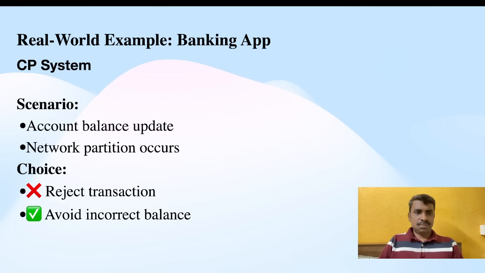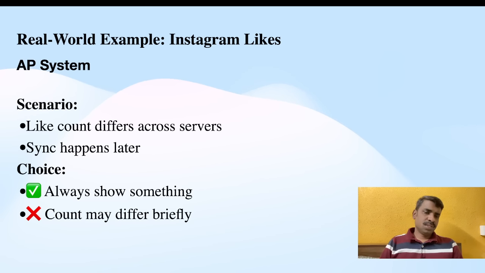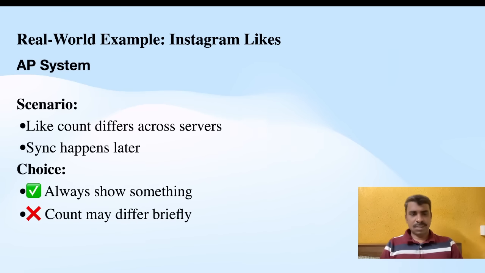Now an AP system, for example, Instagram likes. Scenario: like count differs across servers. Sync happens later. It always shows something, though the count may differ briefly. Your like count will be on multiple servers, but the servers may have slight differences.